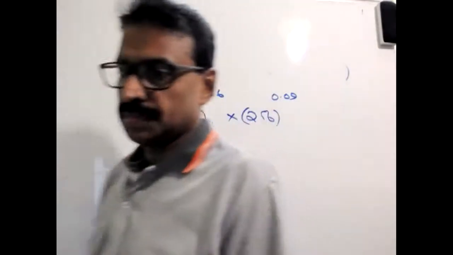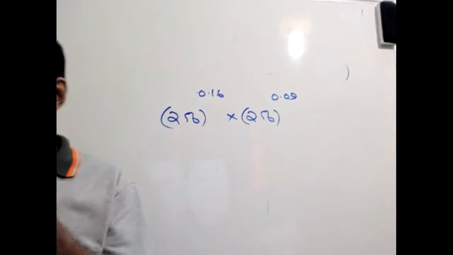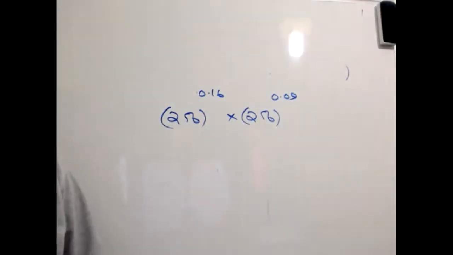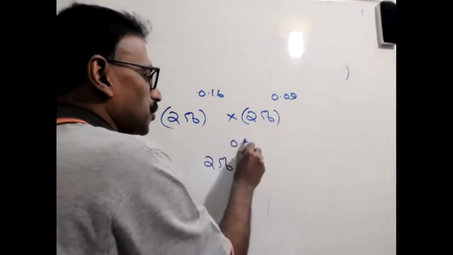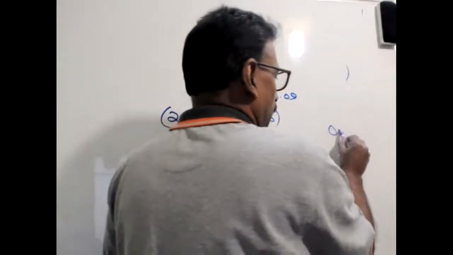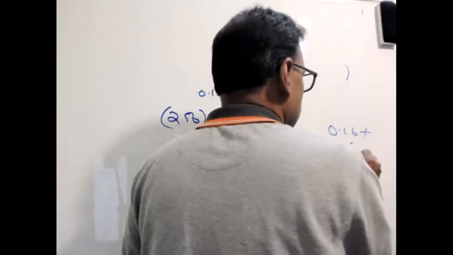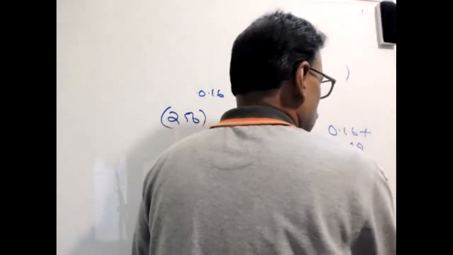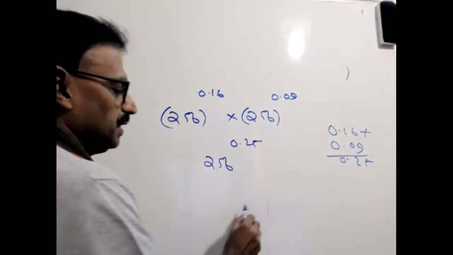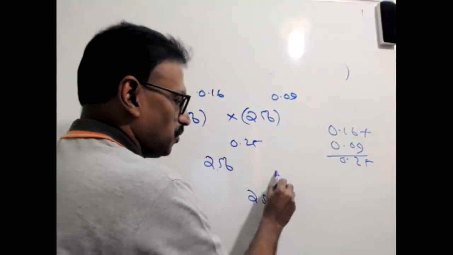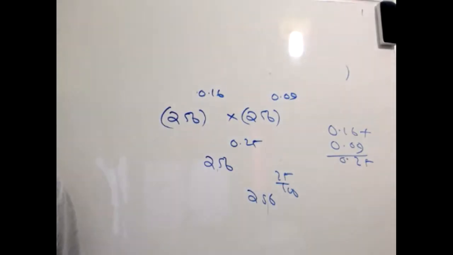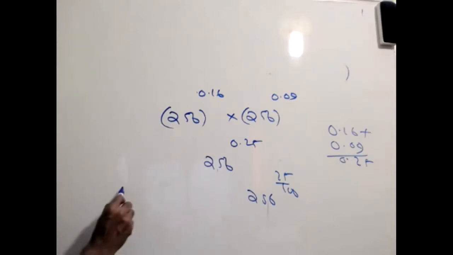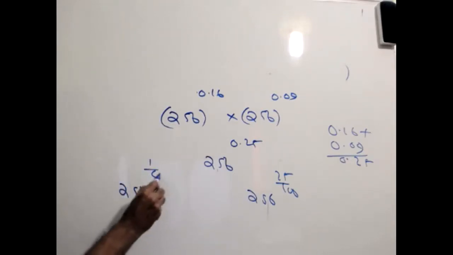So 256, what you got? 256 raised to 0.25, correct or no? 0.16 plus 0.09 is 0.25. That means 256 raised to 25 by 100, that is 256 raised to 1 by 4.